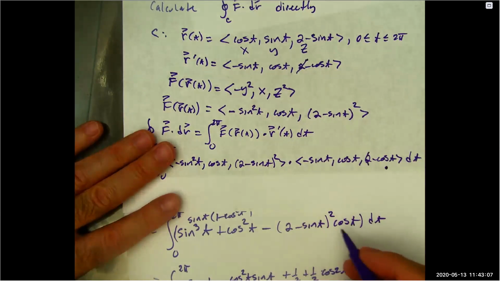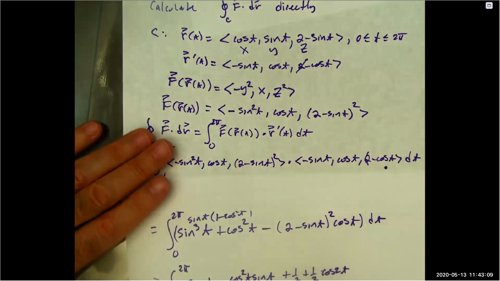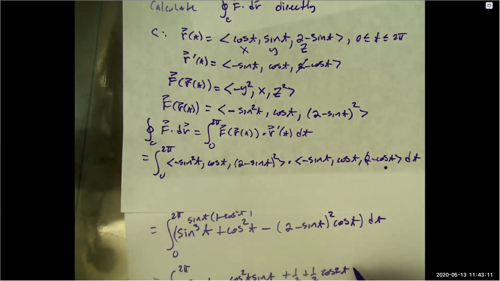So here you just have that. And so we're going to have just minus 2 minus the sine of t squared times cosine t dt. So I have all that.